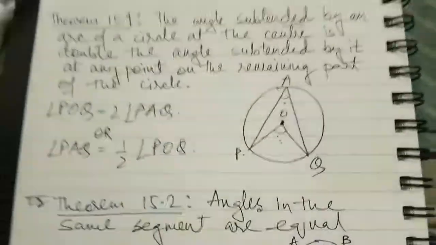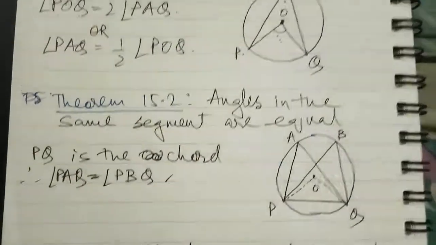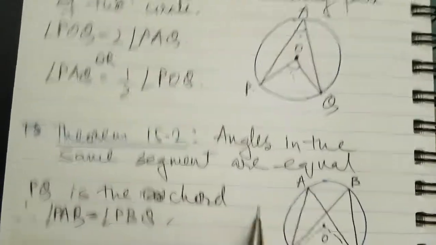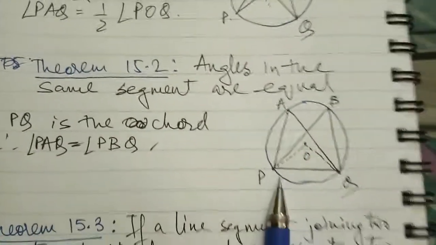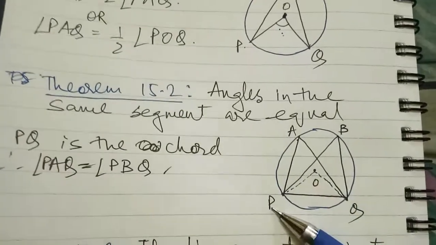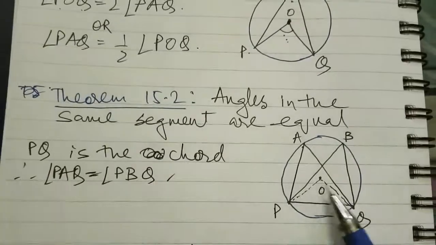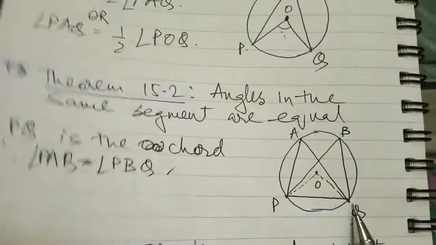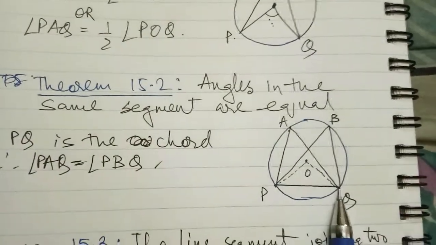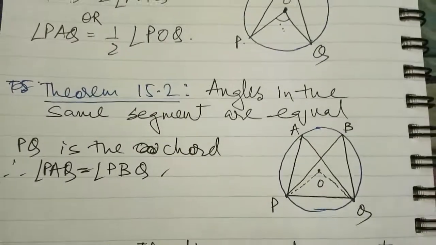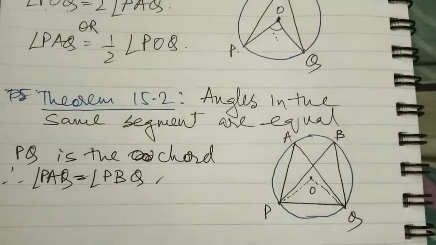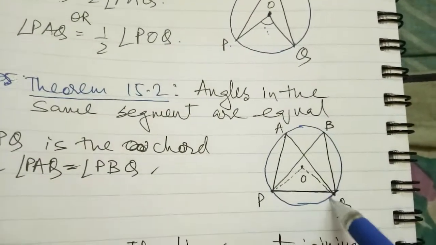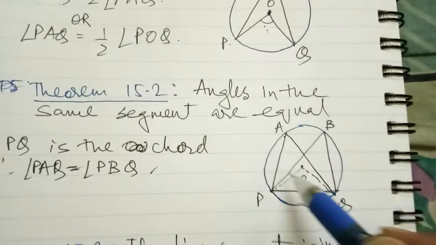Okay, next theorem 15.2 is also an important theorem. The angles in the same segment are equal. Same segment means what? See, here I can say that AB, AQ, AP, BP and BQ are all chords, and PQ is also a chord. If PQ is a chord, then this is one segment and this is the other segment.